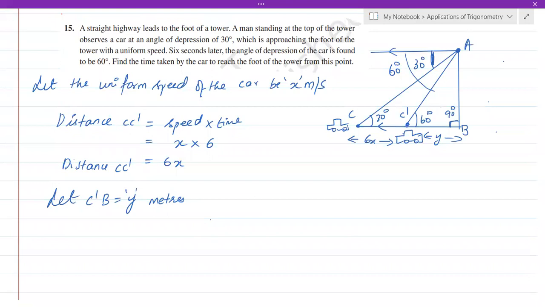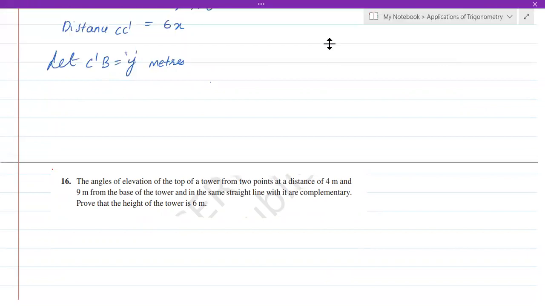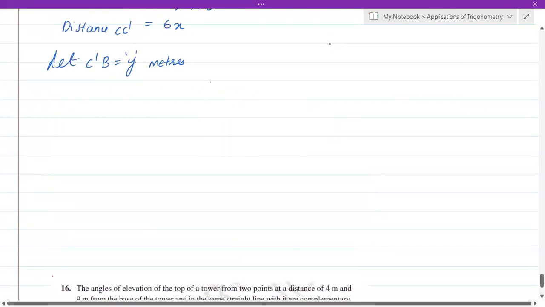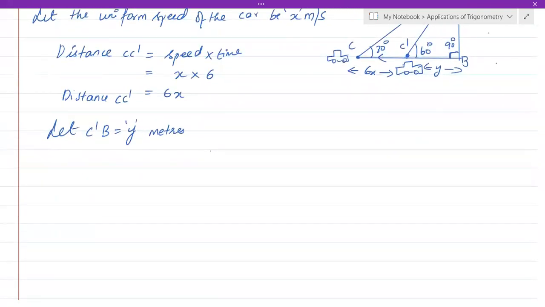Let me scroll it a bit. Now as you know, there are two right angle triangles. One is A, B and C dash.